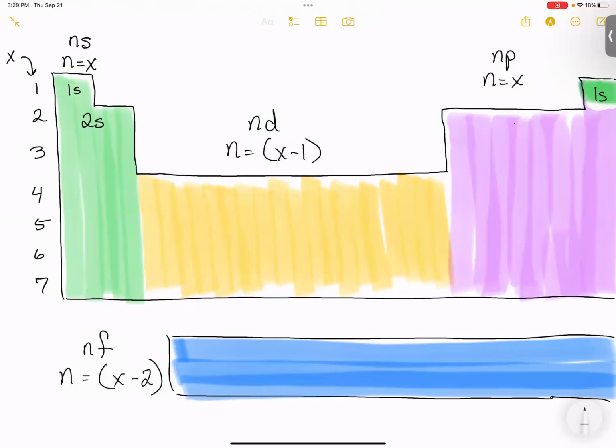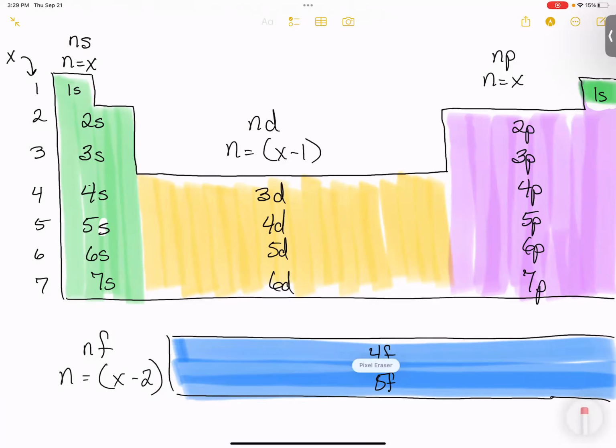Then you have your 2s followed by your 2p's, your 3s followed by the 3p's, your 4s followed by the 3d, followed by the 4p, your 5s followed by the 4d, followed by the 5p, your 6s followed by the 4f's, then the 5d's, then the 6p's, and then the 7s goes 5f, 6d, 7p. So that's another way you can write it if that's better for you.